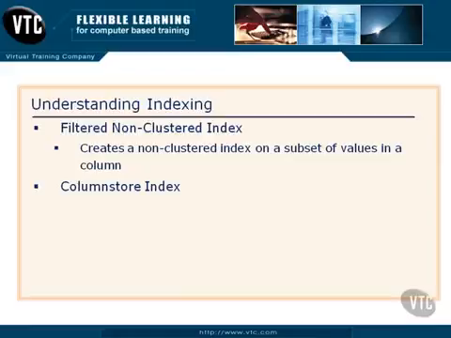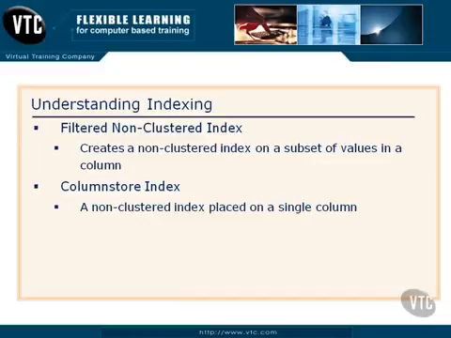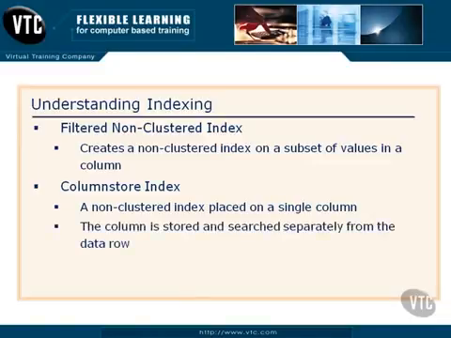Then a column store index. This one's very interesting. This is really just a non-clustered index placed on a single column with one really cool caveat. This column then gets stored and searched separately from the data row. Now what this means is if we have a query that's querying only from one column, and that column has a column store index, then SQL reads that column as if it was a table, and that's all it ever reads.